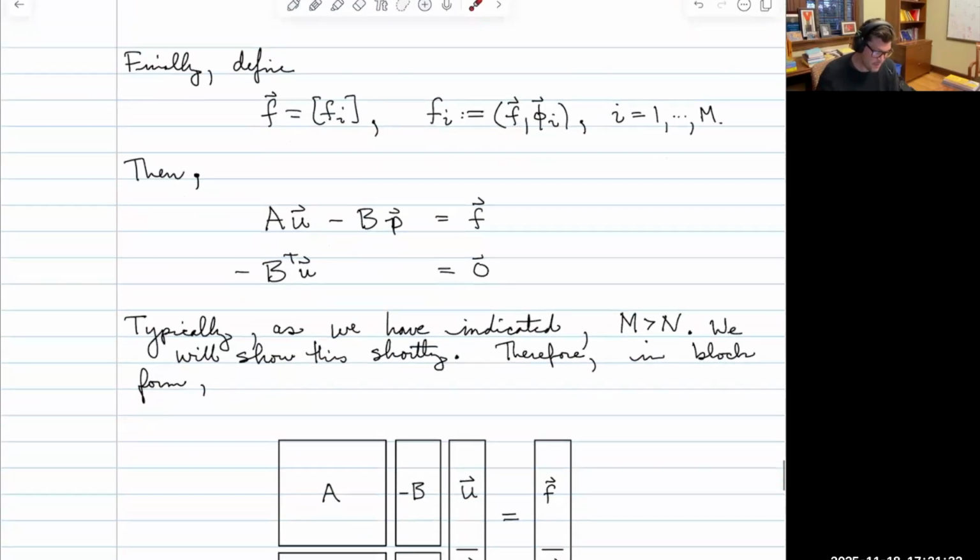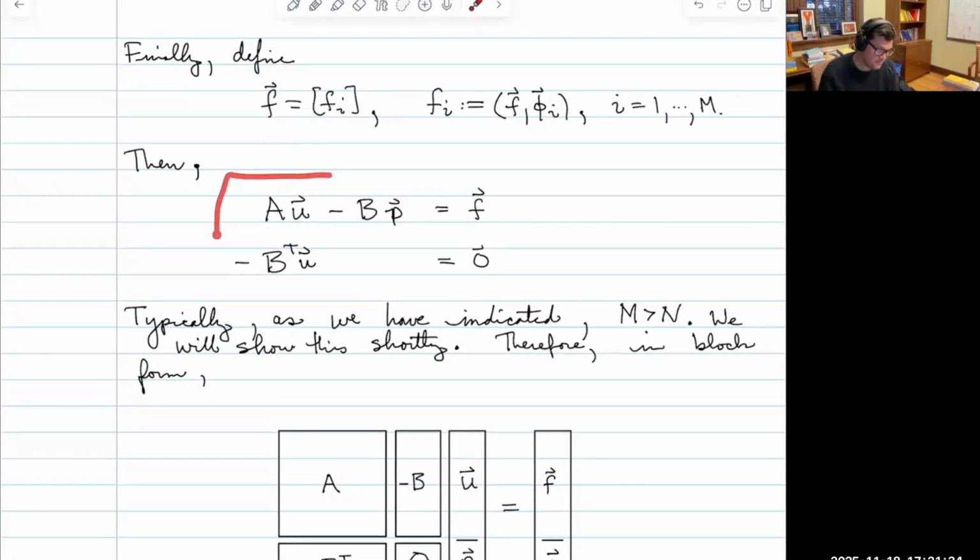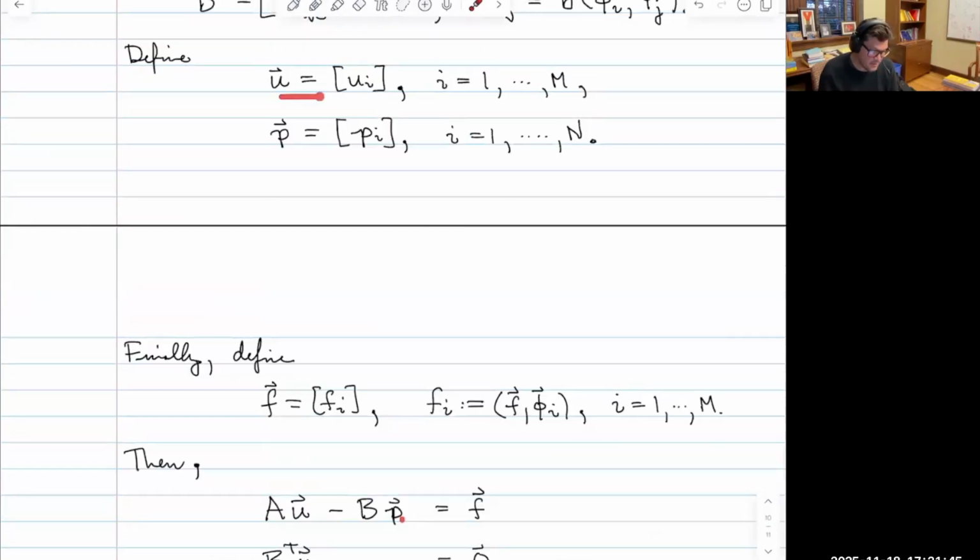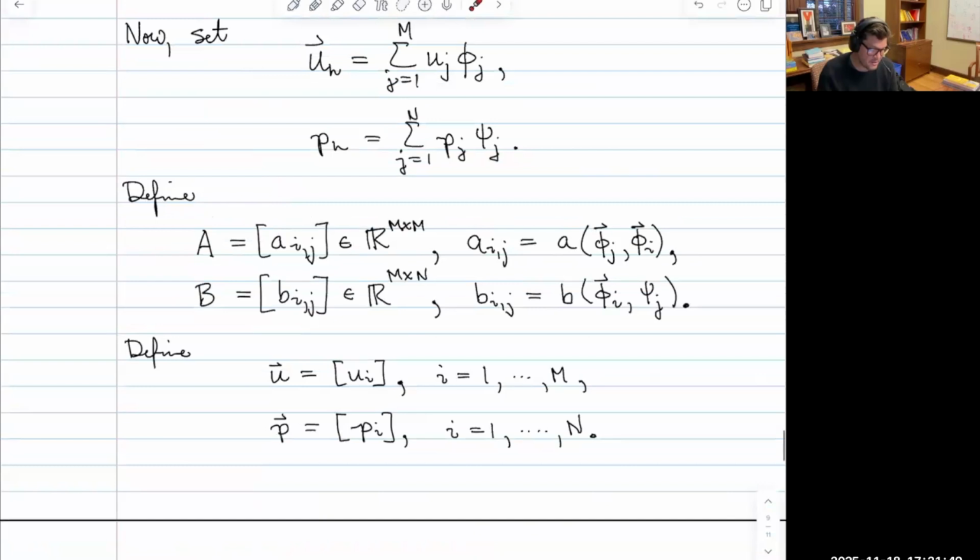We can show that the Galerkin approximation for the Stokes problem has this matrix form. We're looking for a vector U and vector P. These vectors U and P are just the coefficients from our basis expansions above. Remember, coefficient vectors are always vectors.